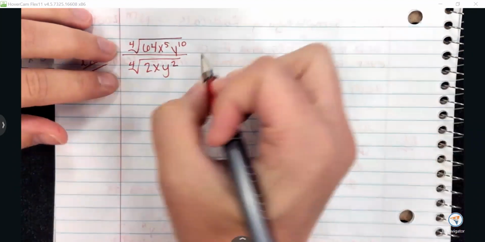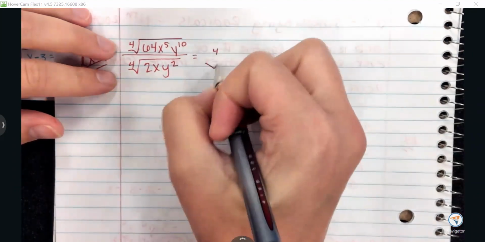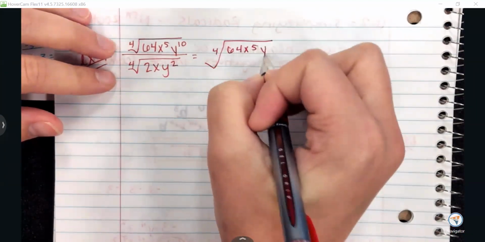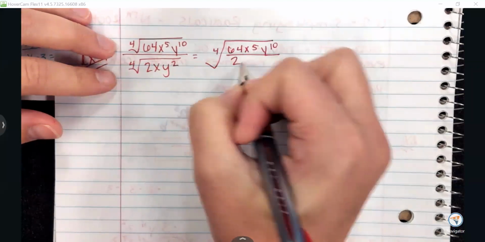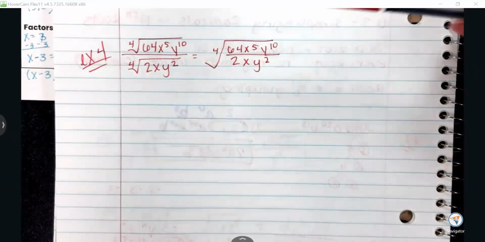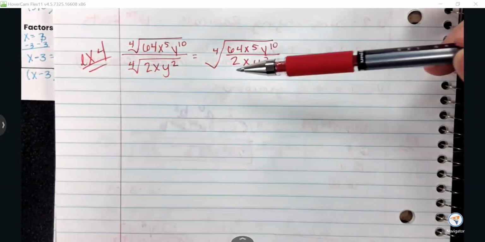So this is the same type of problem. It's just written as 2 roots instead of 1, okay? You can rewrite it as 1 only if your roots are the same. So if I were to rewrite this as 1, I'd have a big 4th root. And I'm just going to rewrite it as 1 so that you can see what's going to happen. So I have 64 over 2.